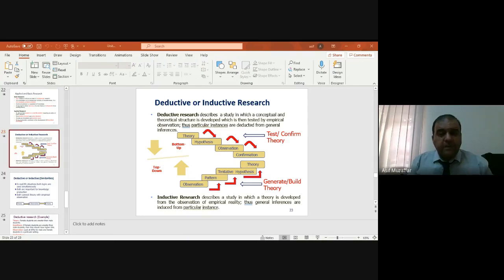That means explanatory research will always have deductive approach. Whether it is descriptive or analytical, the approach will be deductive. Why? Because you are testing some hypothesis, or in simple words, you are testing or confirming some theory.